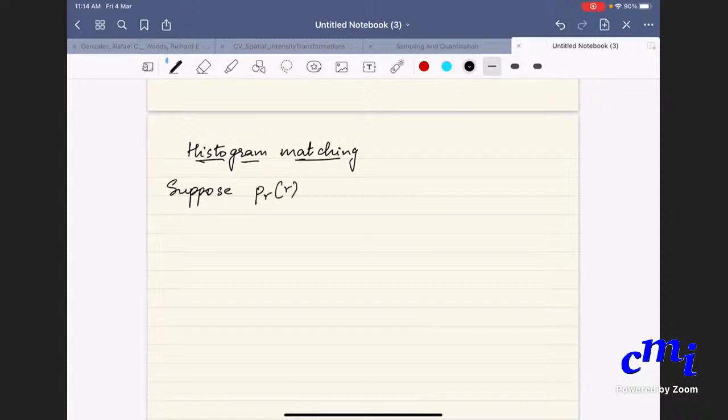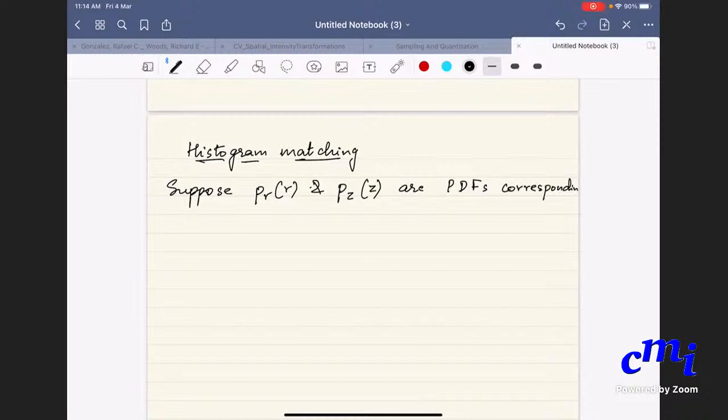Suppose PR(r) and PZ(z) are two probability distribution functions, the latter from the specified image, corresponding to two continuous variables R and Z respectively.